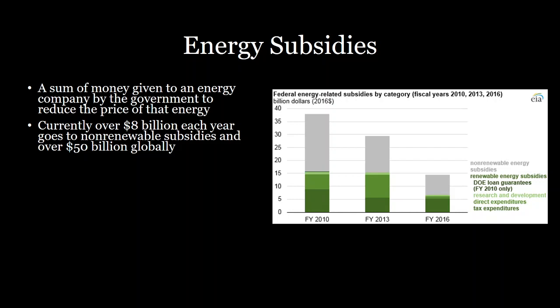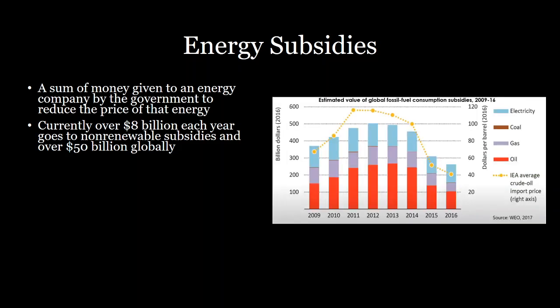So globally, we can see that over $50 billion is spent for non-renewable energy subsidies. And so this is a lot of money that helps reduce the cost of fossil fuels and make it so that they're more economical. We can see here how those energy subsidies have changed from year to year in terms of billions of dollars.